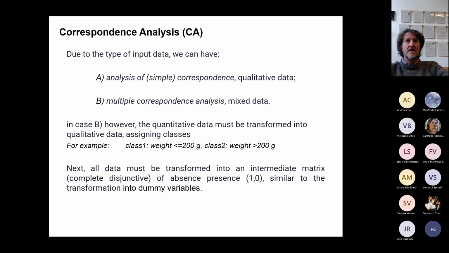So, for example, for class 1, weight lower than 2,000 grams or higher than 2,000 grams. And so the matrix should be transformed into an intermediate matrix that is named complete disjunctive, of presence and absence, similar to a transformation in dummy variables.